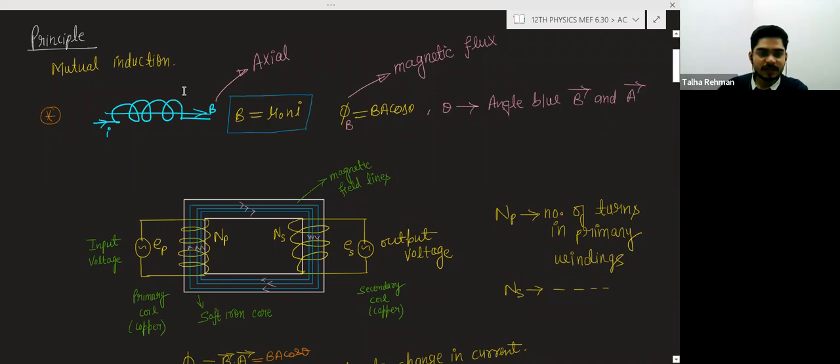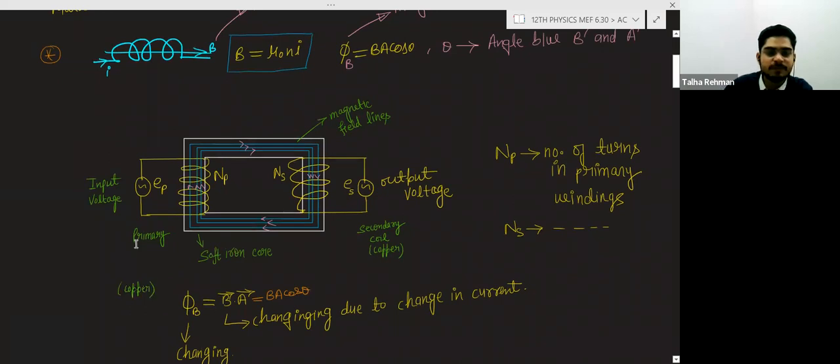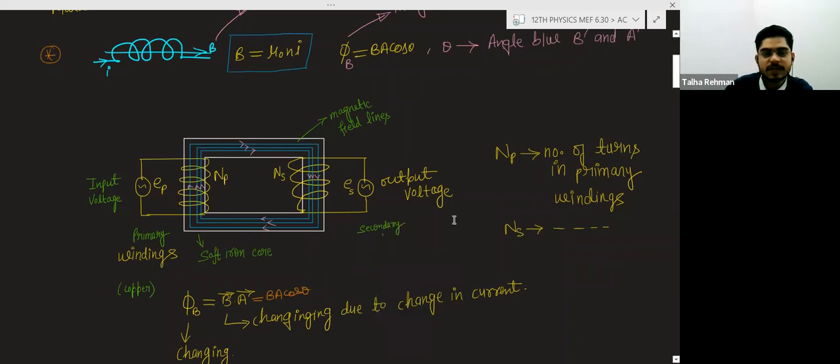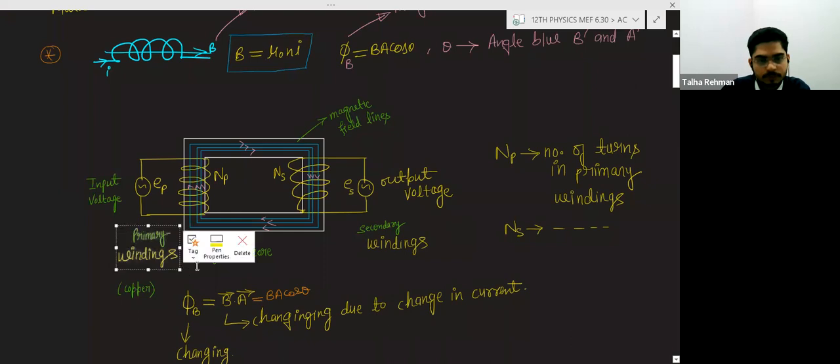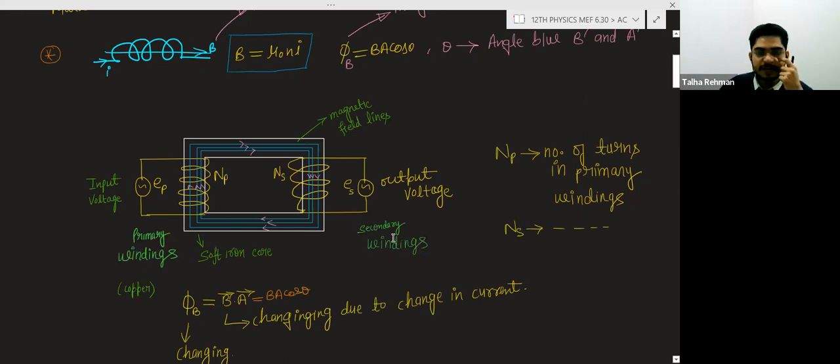So this is the primary winding, and this is the secondary winding. Primary winding, secondary winding.